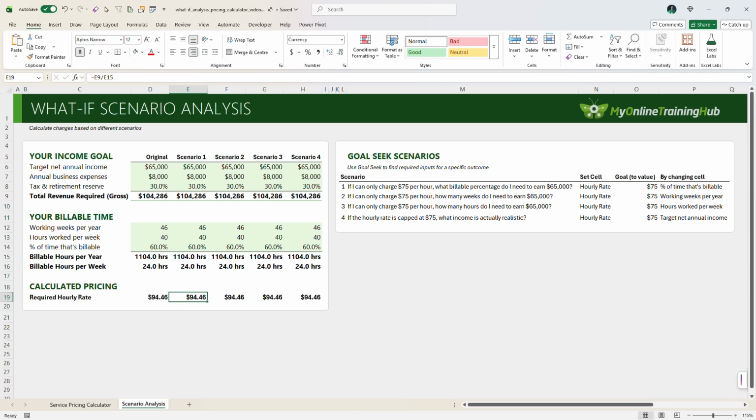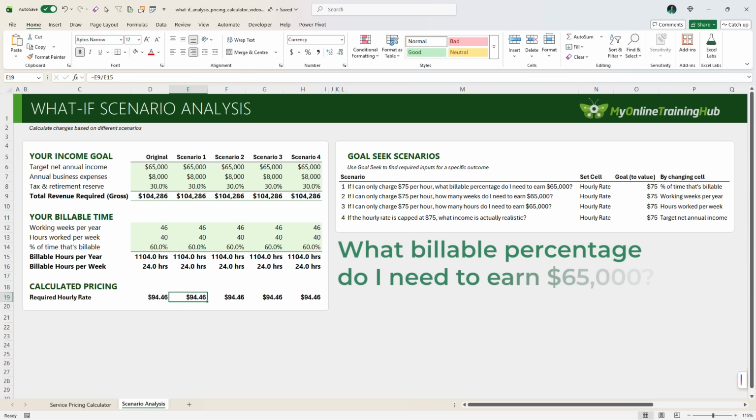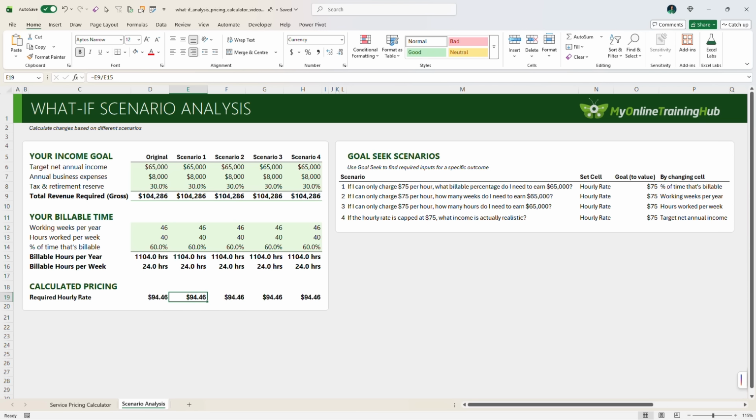So if I can only charge $75 an hour, what billable percentage do I need to earn $65,000? In other words, how much of my working time needs to be charged to clients for this income target to still work? This is the perfect GoalSeek question because we already know the result we want. That's the required hourly rate needs to come down to $75.